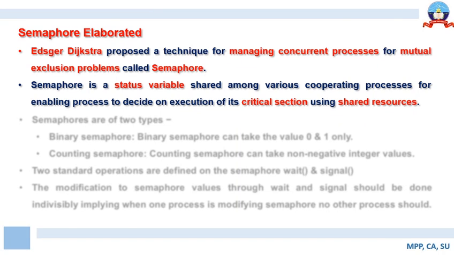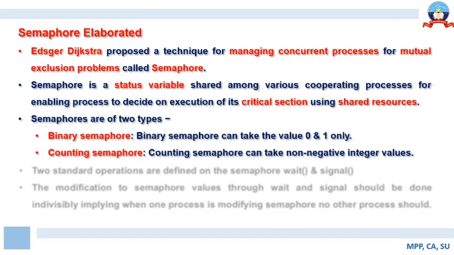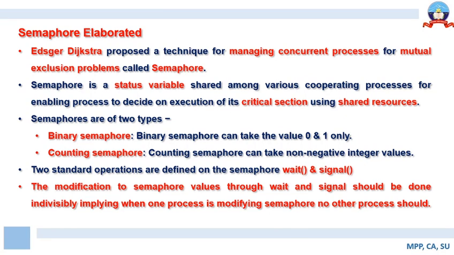We learned about what a semaphore is, how it helps in executing cooperating processes. Then we learned about the different types of semaphores. Then we discussed the standard operations defined on semaphores. And then we learned about why it is important to have wait and signal perform their operations indivisibly.